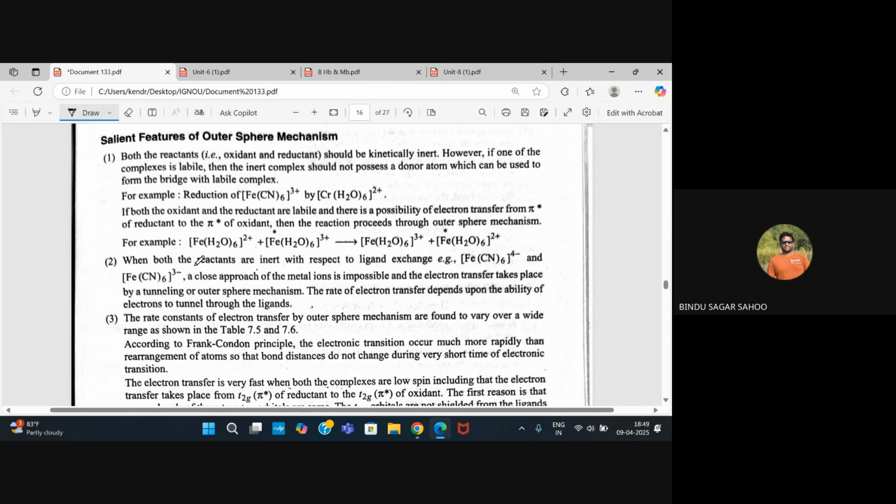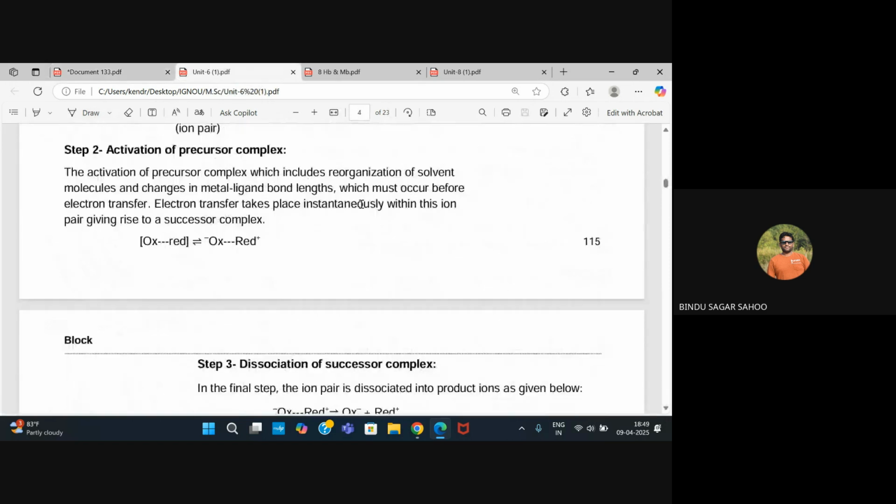So d6 means its electronic configuration will be t2g4 eg2. For Fe3+, the d electronic configuration will be d5. If it is d5, then the structure will be t2g3 eg2.